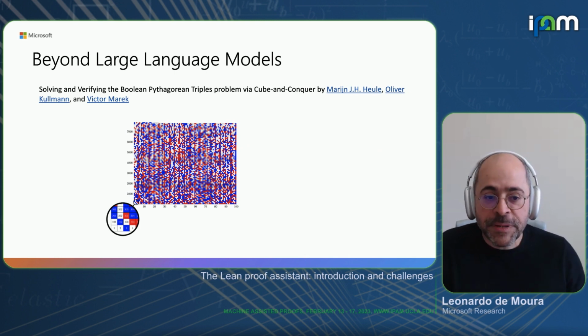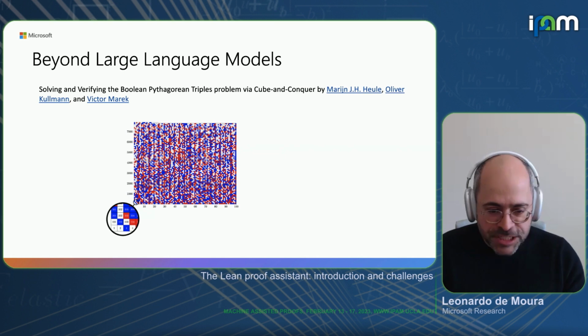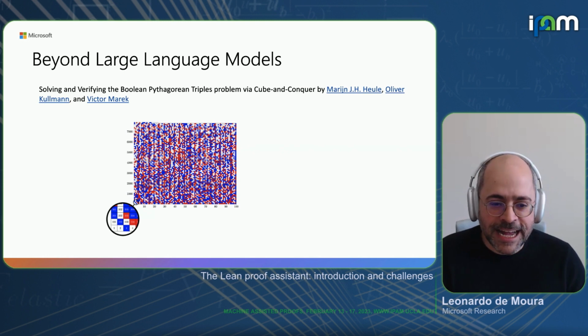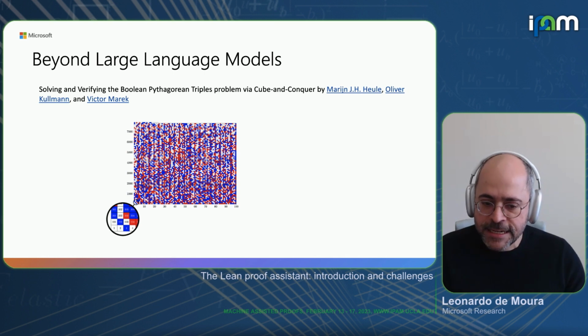This is valuable. But there is another form of automation, right? That's not based on large language models. And here I have an example from Marijn. I love this example. He presented at Microsoft many years ago, and he is encoding math problems into SAT, right?